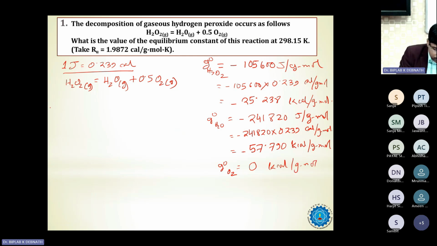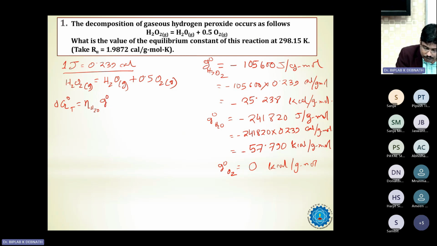Okay, so what is the change of standard state Gibbs function in total? So this should be equal to the mole number, we have to write for product first, product minus reactant. So what are the products? N moles of H2O into G naught.